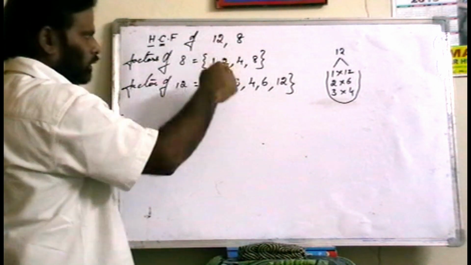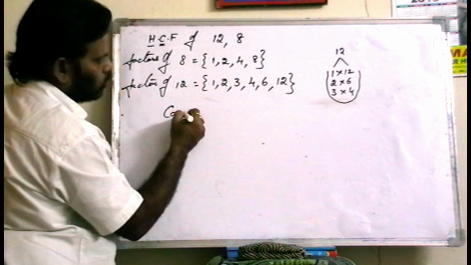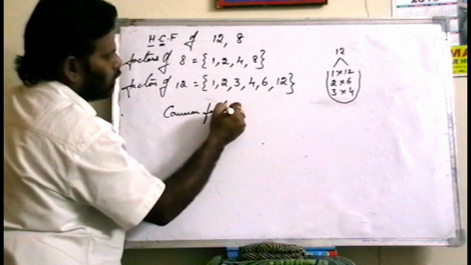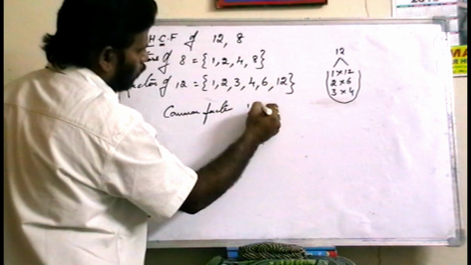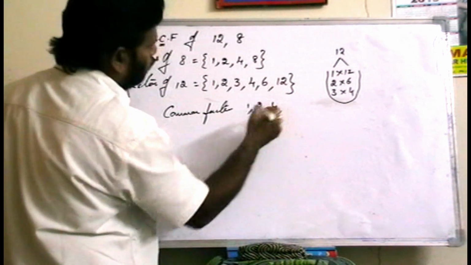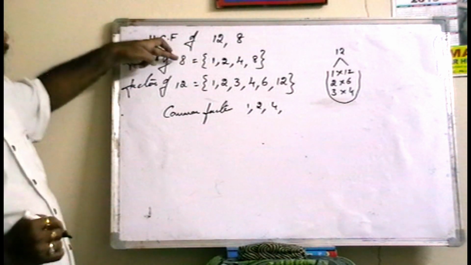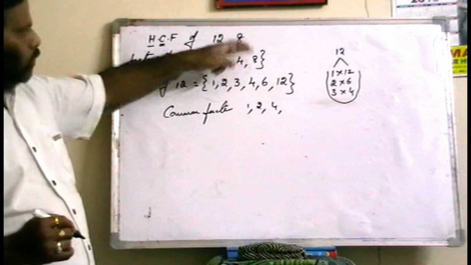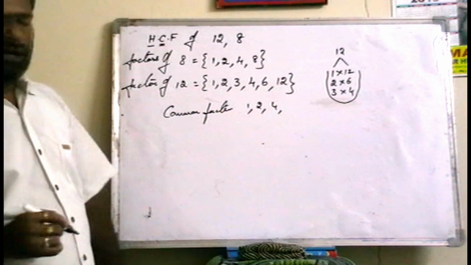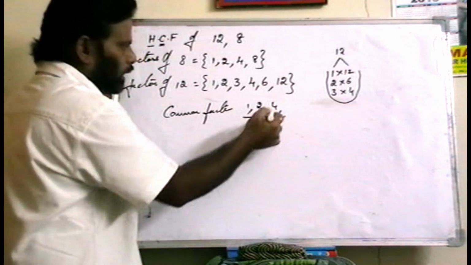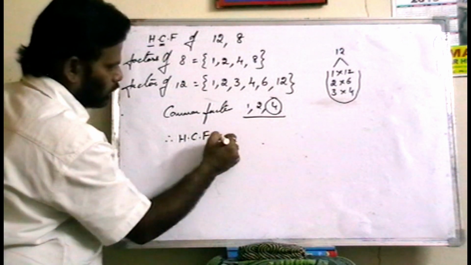In these two lists, what are the common factors? 1 is a common factor, 2 is a common factor, 4 is a common factor. Out of these common factors, which is highest? 4. Therefore, the highest common factor is 4.